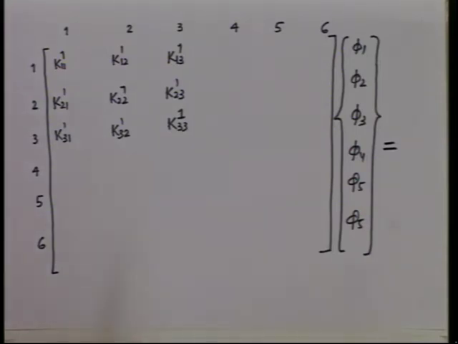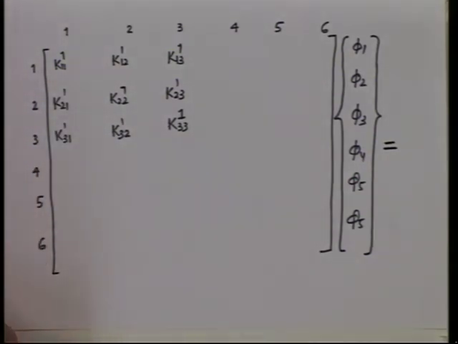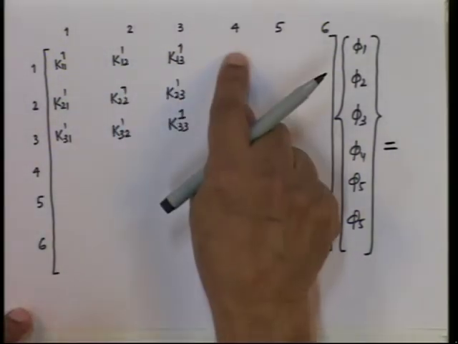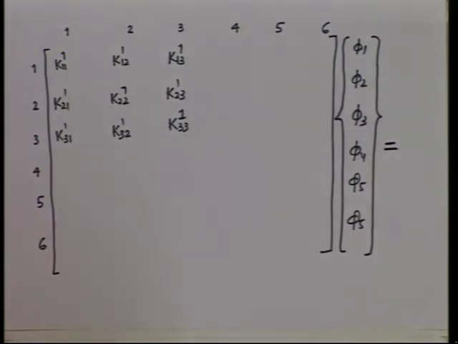Now, element 2 is 2 4 5. The order is 2 4 5. So, first one is 2, next one is 4, next one is 5. So, how will it be? 2 will be 2 4. So, remember this order.